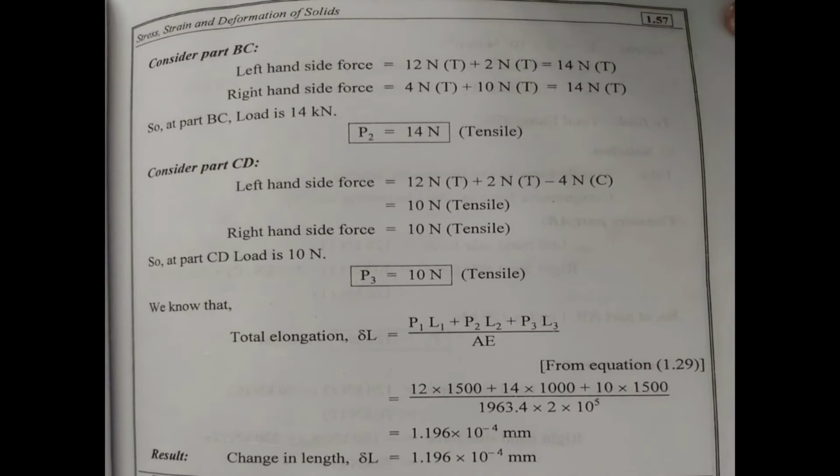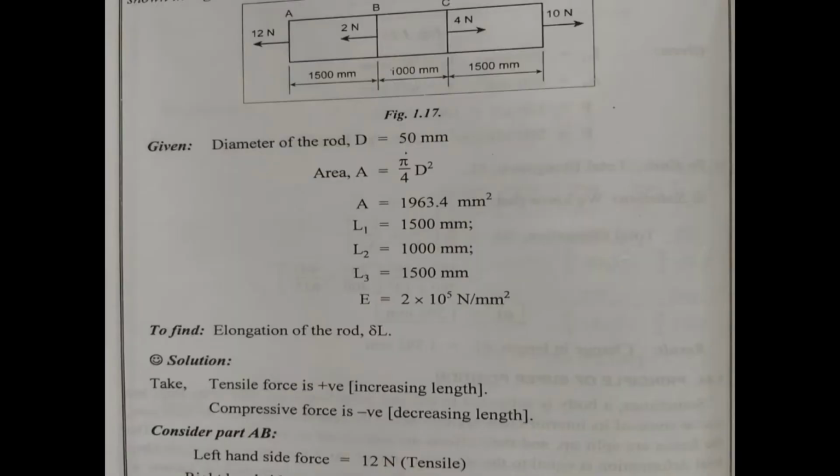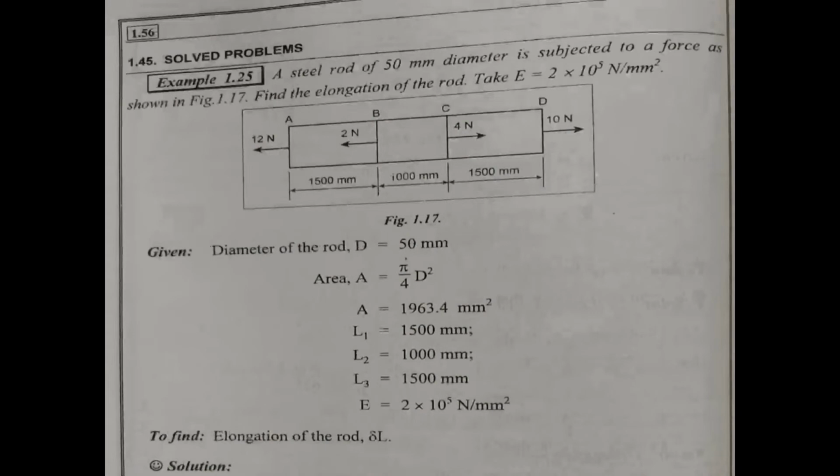Then consider the part BC. The left hand side of BC has two loads acting, 12 Newton and 2 Newton.